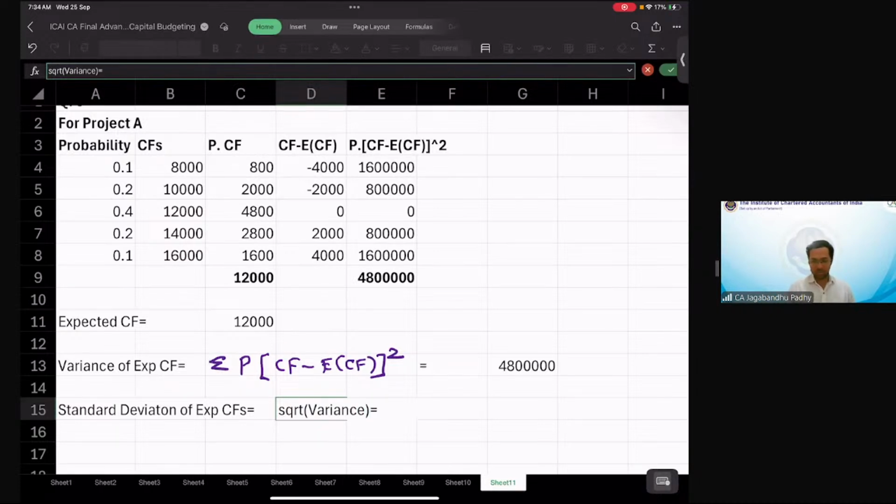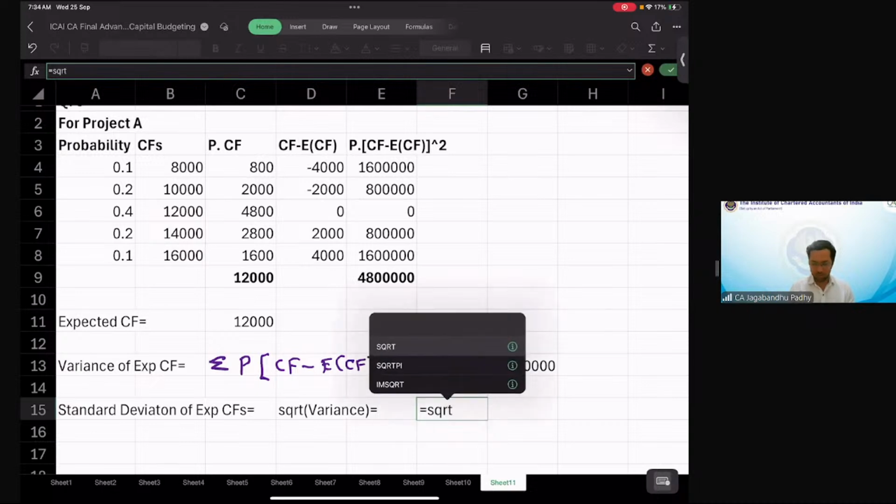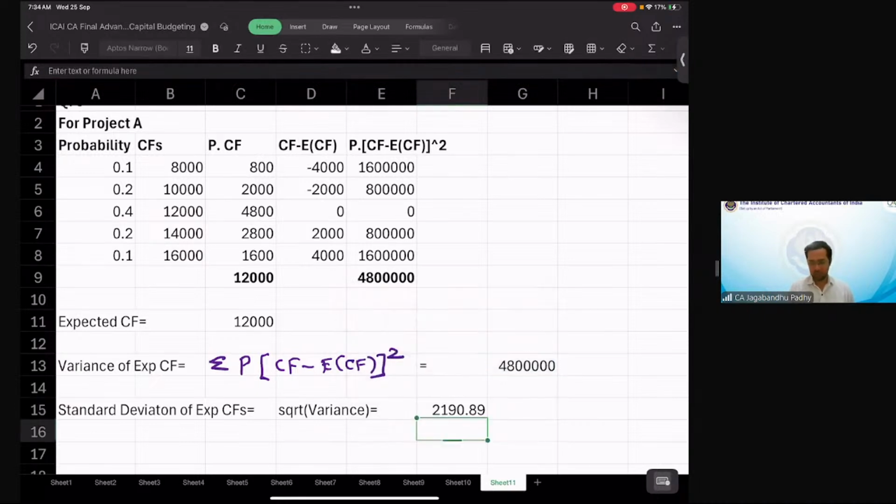I just take the square root of 48 lakh, which is nothing but 2190.89, right? So 48 lakh is the variance and 2190 is the standard deviation.